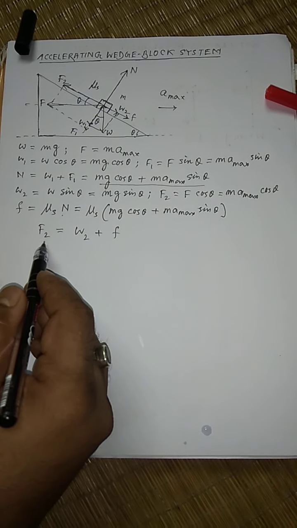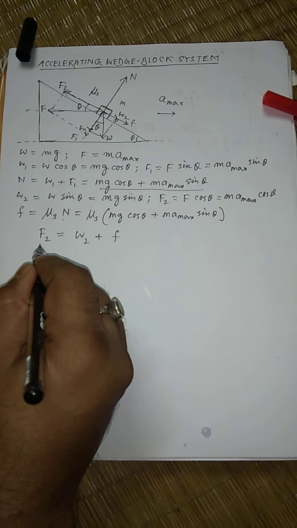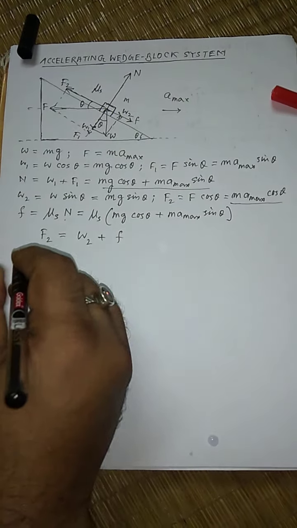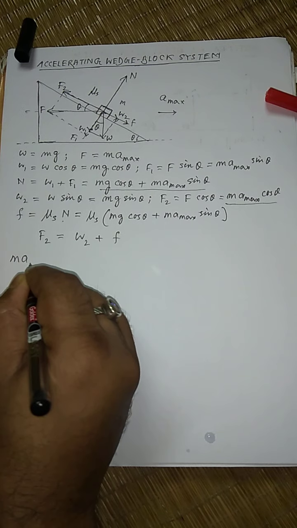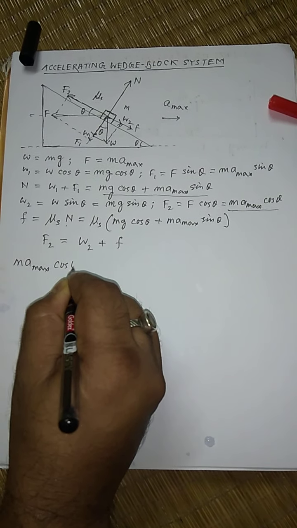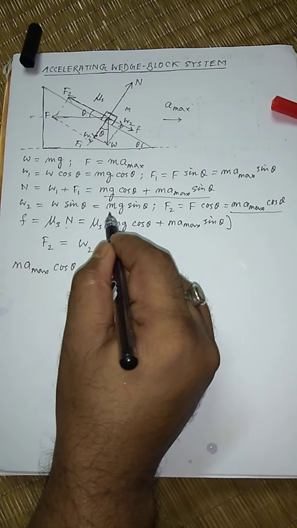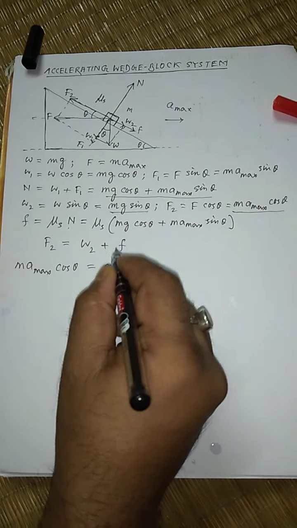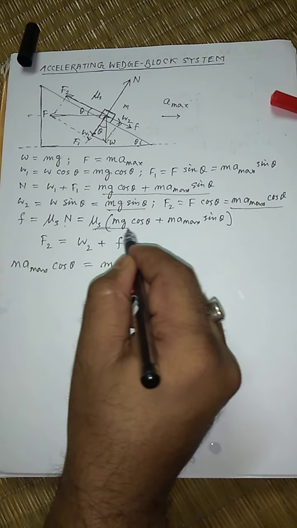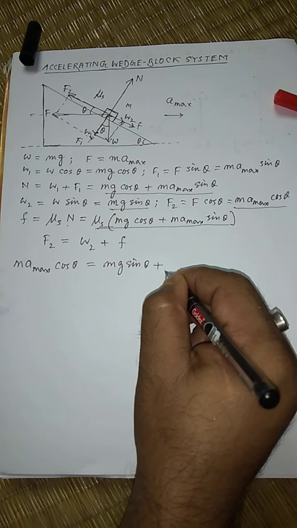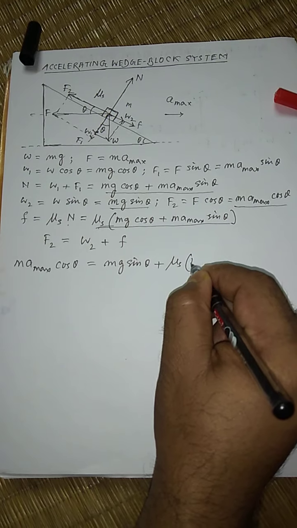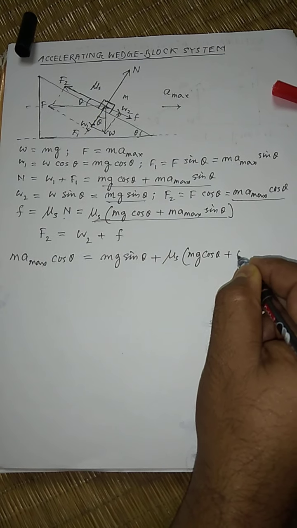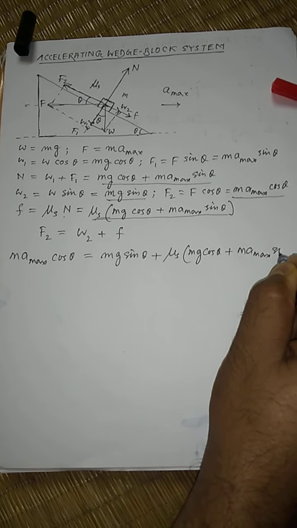In place of F2, we write m A max cos theta, and in place of W2, we write mg sin theta, and in place of f, we write this expression: mu s times mg cos theta plus m A max sin theta.